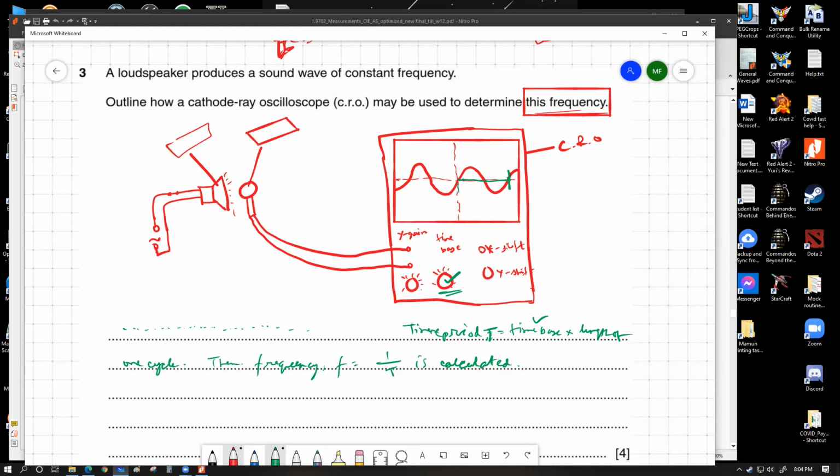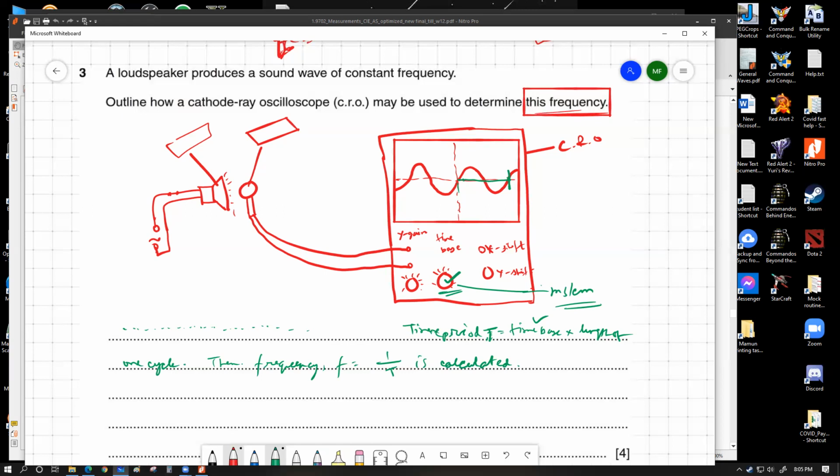Only writing length of one cycle is also good, but measured in centimeters is usually a better way, because typically all the oscilloscopes that we use in our laboratories, which you haven't used yet, usually give their unit in some sort of millisecond per centimeter unit. That's the most common unit on the time-base settings. So if you write in centimeter unit, that would be better, so the examiner knows that you really know how to handle an oscilloscope. This would be how I would write my answer.